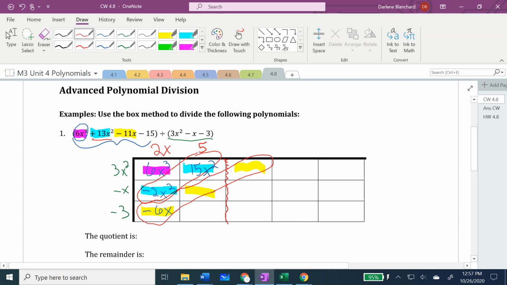And anything that occurs in the interior after that is a remainder. So let's see how this goes. You can now fill in two boxes. Five times negative x, 5 times negative 3.